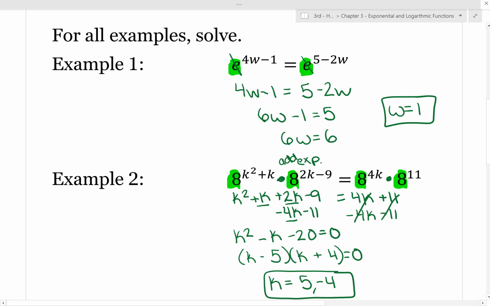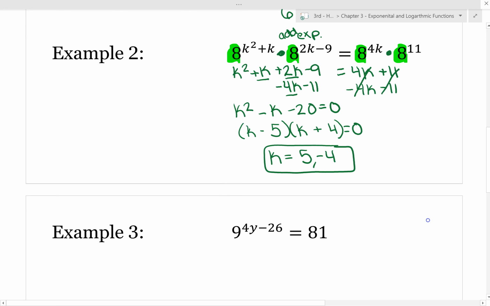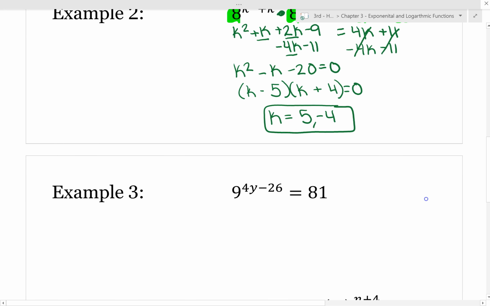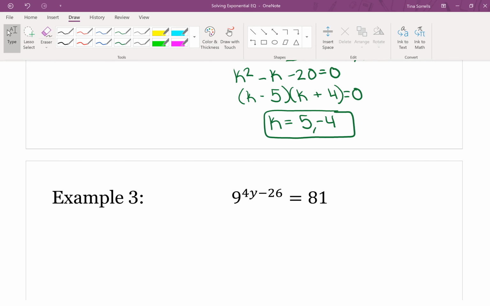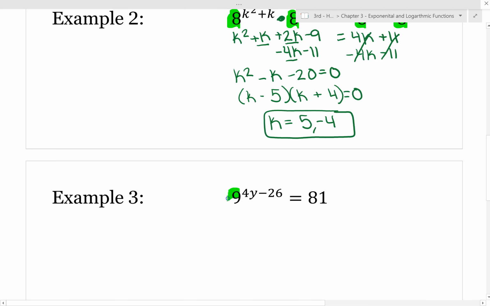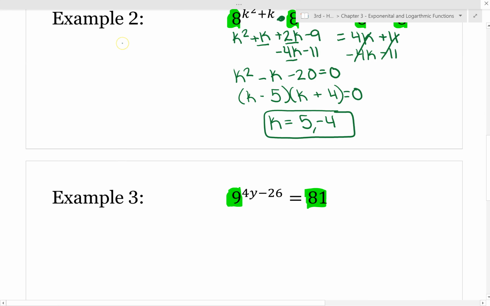Okay, let's look at the next one. On this one, we have a base of 9, and we have a base of 81. So this is what I meant by earlier. I want you to ask the question, do you know what number to what power will give you one of these numbers?